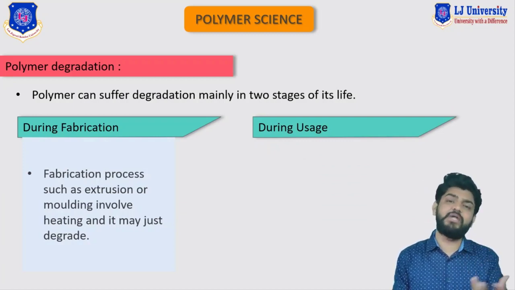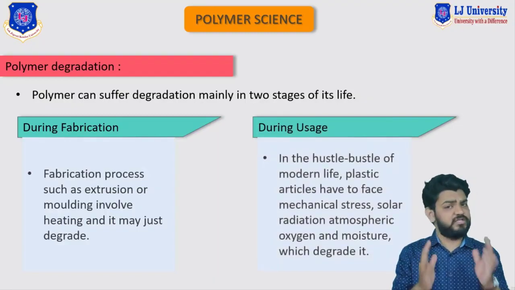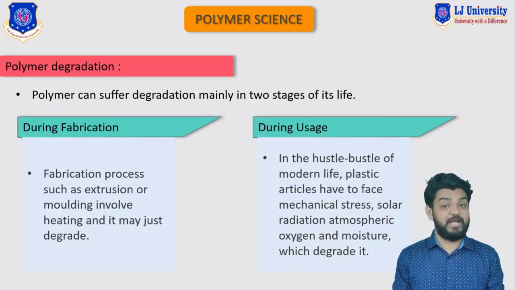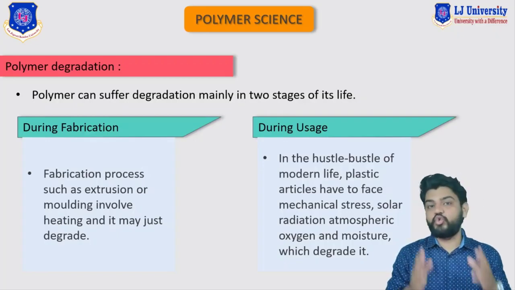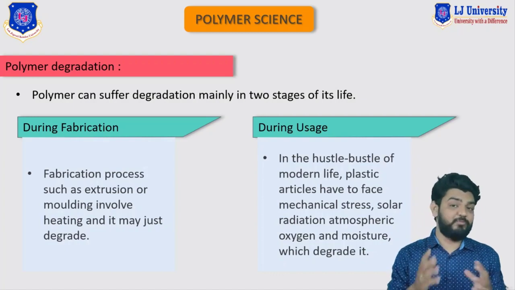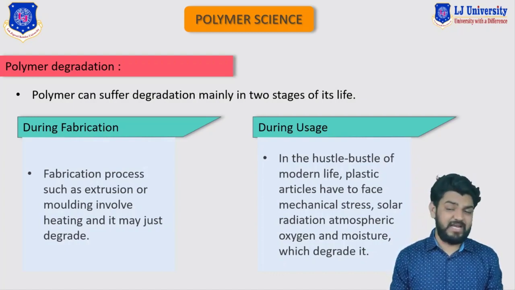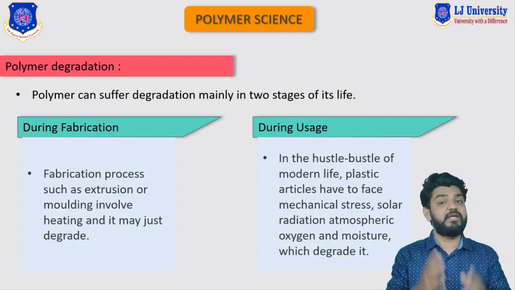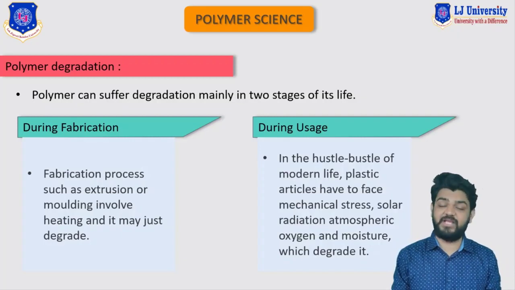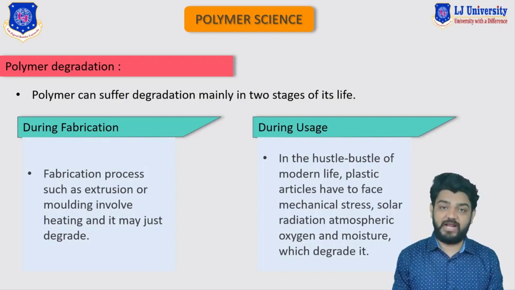So during day-to-day use, polymer can be degraded. In the hustle and bustle of modern life, plastic articles have to face mechanical stress, solar radiation, atmospheric oxygen and moisture, which ultimately lead to the degradation of plastics. In day-to-day life, we use plastic for many purposes, as we very well know that polymer is an integral part of our lives.